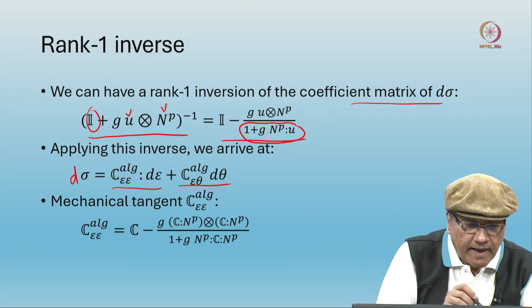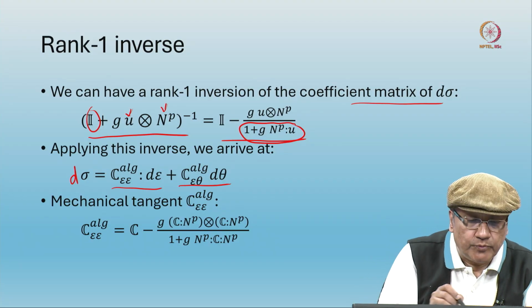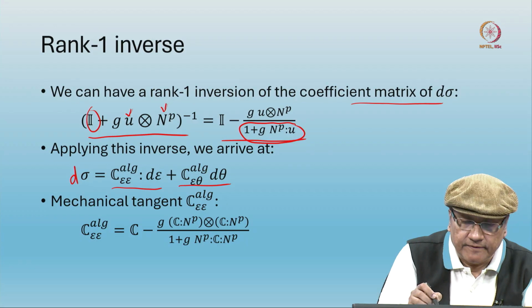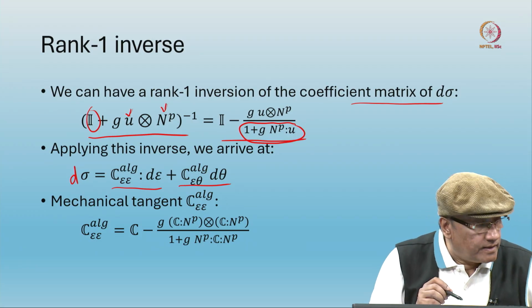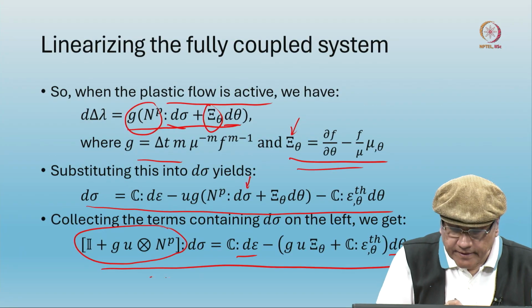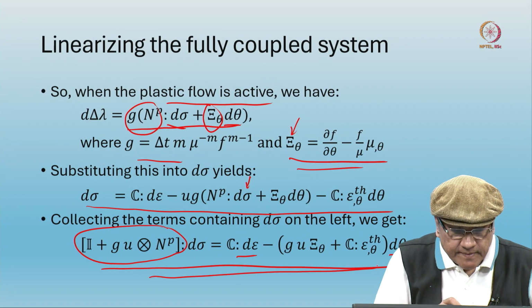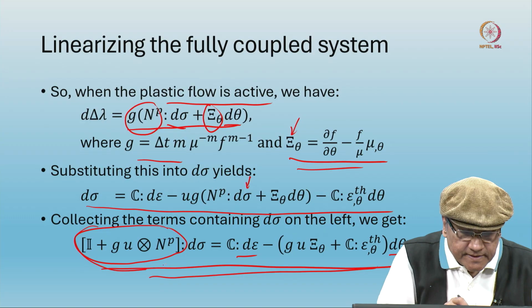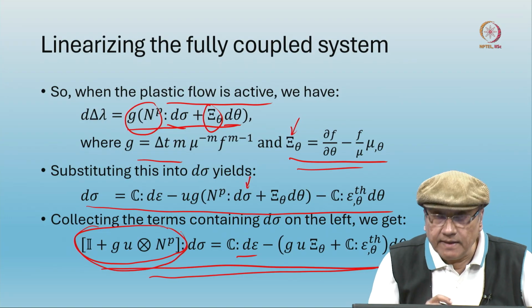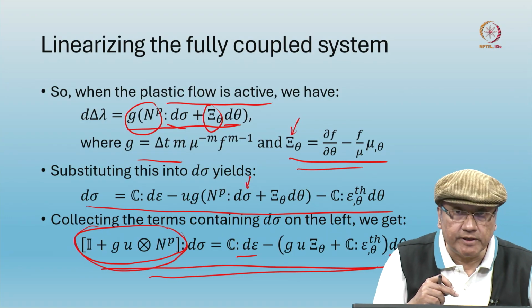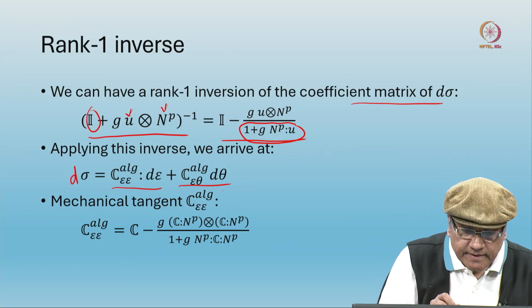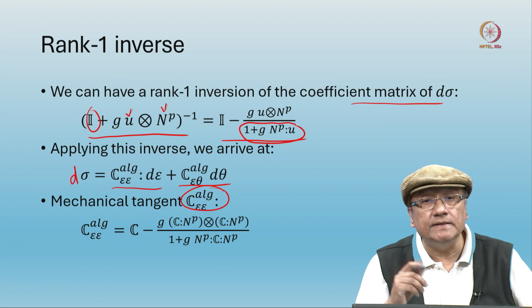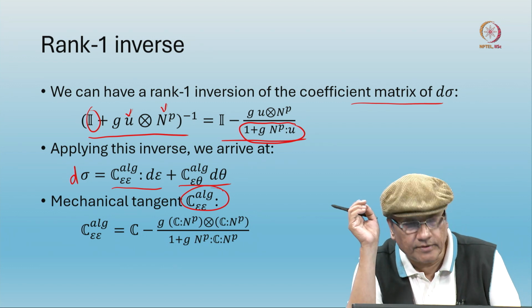So, now if you put all these expressions for the inverse in the expression for d sigma, from the last case from here, okay, put d sigma equal to this inverse times all this and collect the coefficient part of d epsilon to get our quantity of interest, C epsilon epsilon algorithmic.